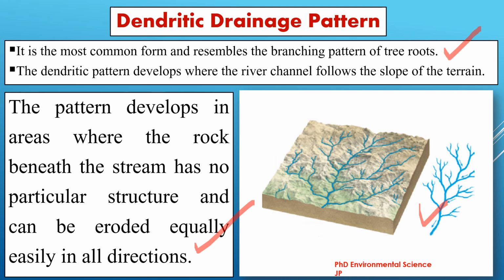The underlying geology lacks significant structural features that would otherwise influence the flow of water and create more complex drainage patterns. So these patterns are commonly found in areas with flat or gently sloping terrain where the rock or soil is easily eroded.